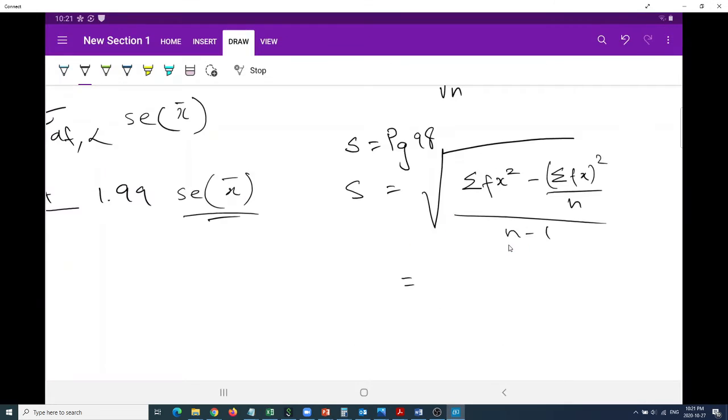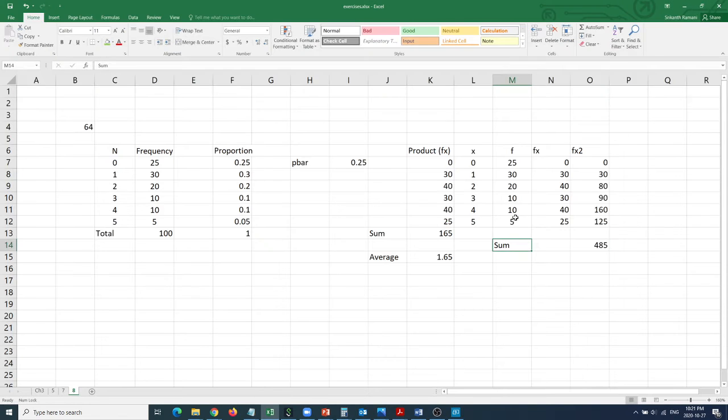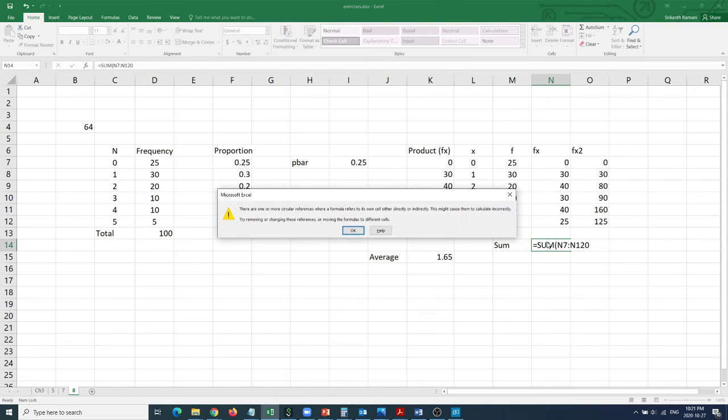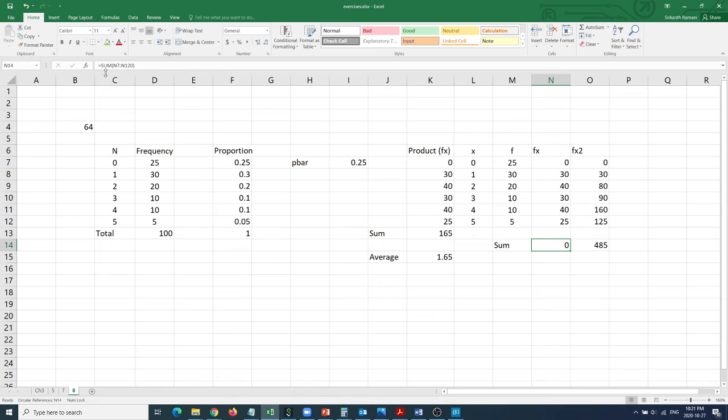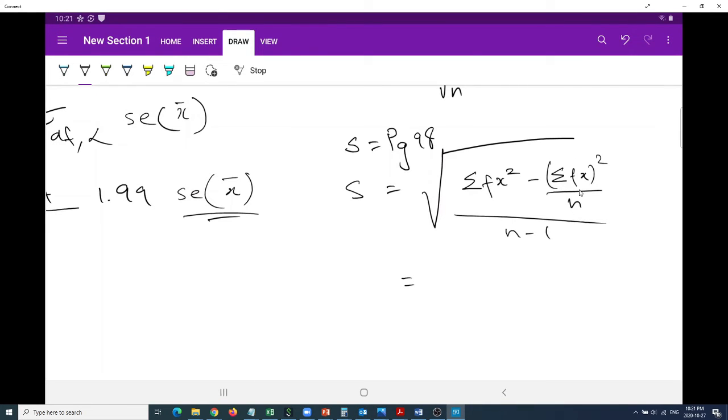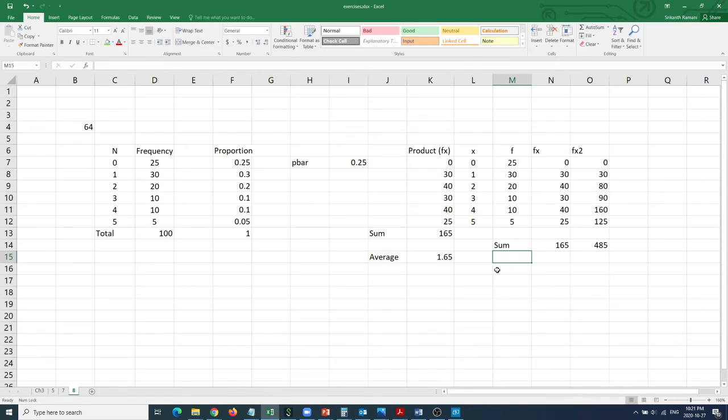And you also need the summation of fx and square that. Okay, so that's 165 as we computed before, and this is 485. And now we need the summation of fx, a square of that.